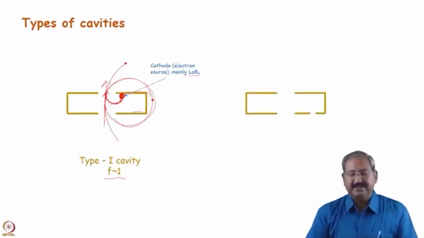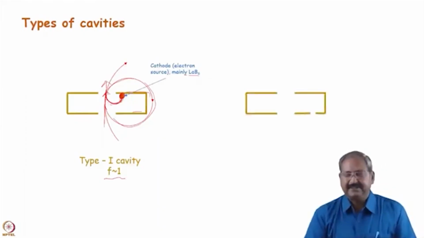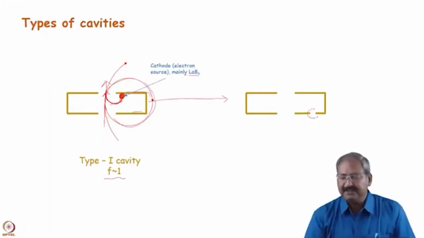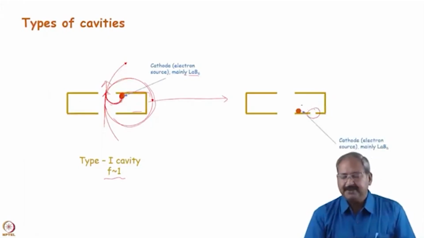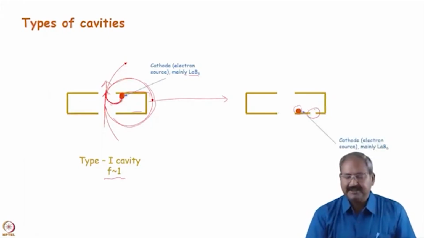Another possibility is here. Here you can see that again the cavity has the same structure, with an additional hole here. Why is this additional hole here? Because now the cathode is put on this surface rather than the upper surface. So the cathode is now put on the lower surface of the cavity in this figure. Again the magnetic field is perpendicular to this screen.